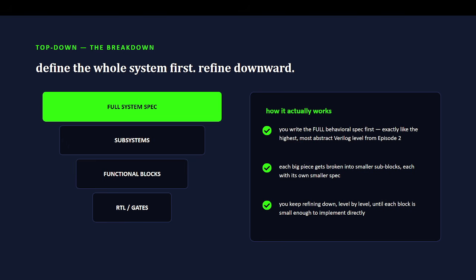Implementable Verilog. The key insight at every step is that you are refining. You are not designing everything at once. You write a specification, break it into smaller specs, break those into even smaller specs, and you keep going until each spec is small enough that you can just write the Verilog for it directly.